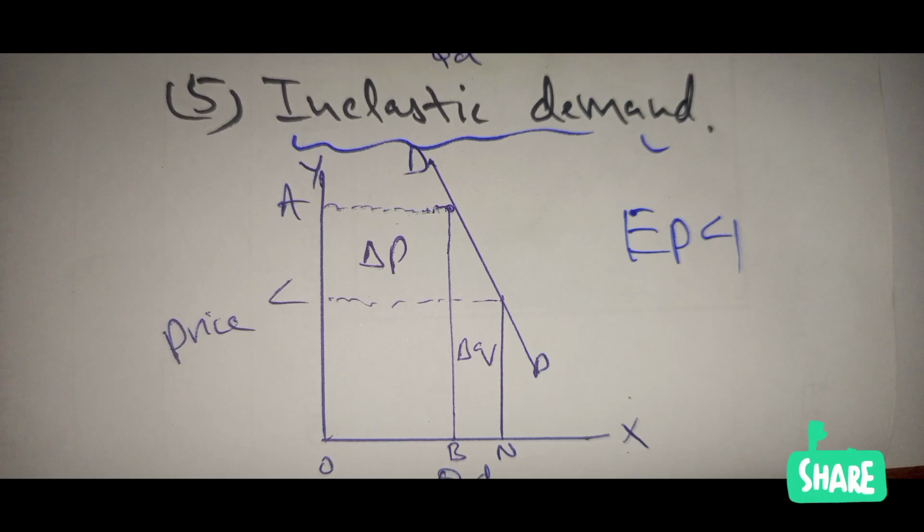But here in this case the decrease and increase in quantity demanded is more than the increase or decrease in price. It is flatter than the unity elastic demand.